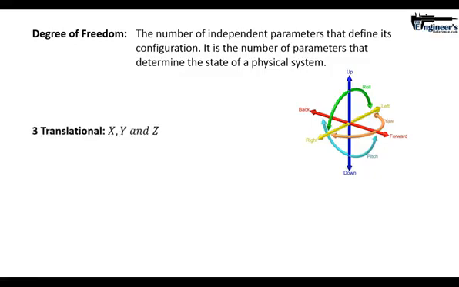Rigid bodies have 6 degrees of freedom. Three of them are to go X, Y, and Z, or in other words, up, down, left, right, and front and back.